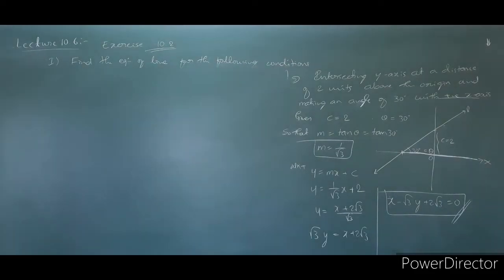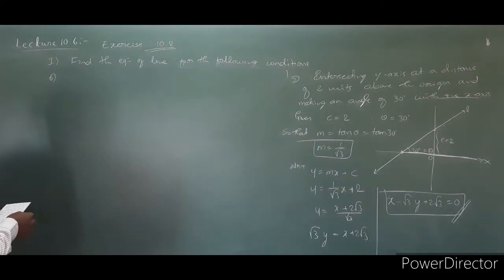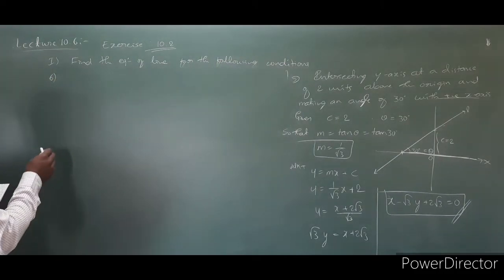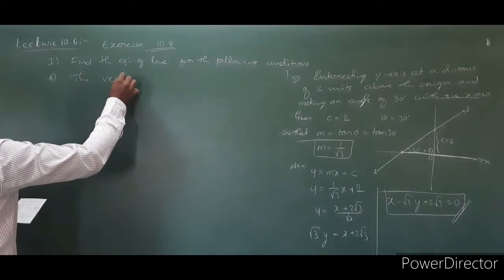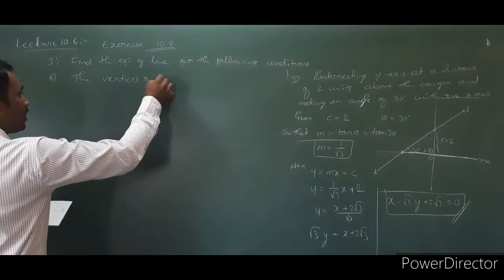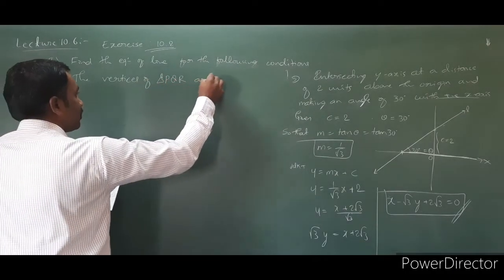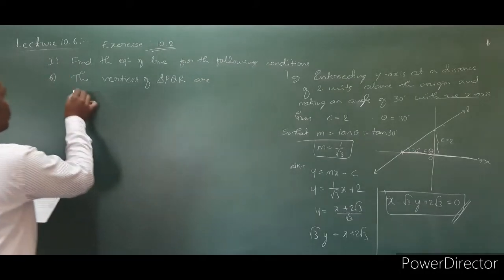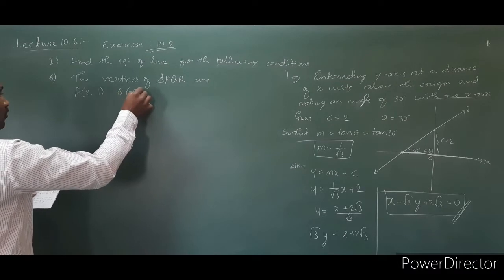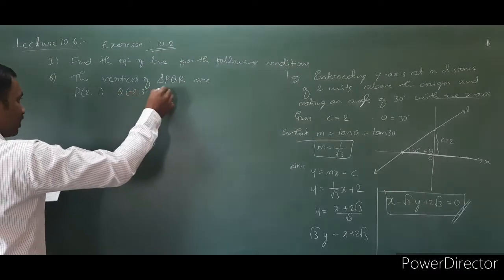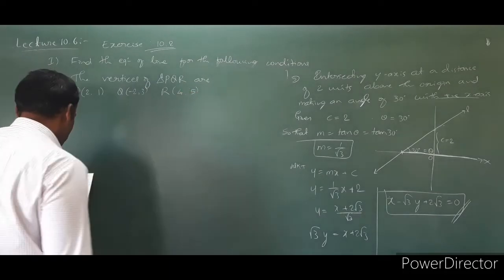Now, let us move to the next problem, the sixth one in the first exercise. The vertices of the triangle PQR are P having the coordinate (2, 1), Q having the coordinate (-2, 3) and R having the coordinate (4, 5).